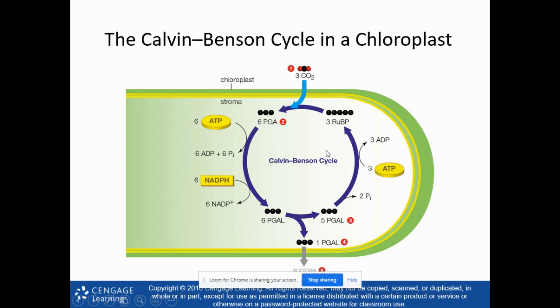Know that energy from ATP is used, the electrons from NADPH are used, and hydrogen ions. And then the products of running the Calvin cycle are the sugars that the photosynthetic organism will use for energy, for food.